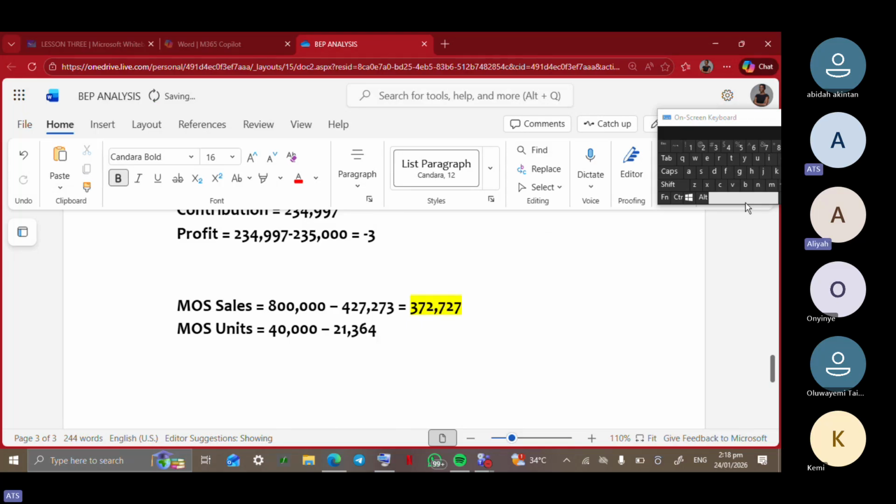So what is your margin of safety here? 18,636.